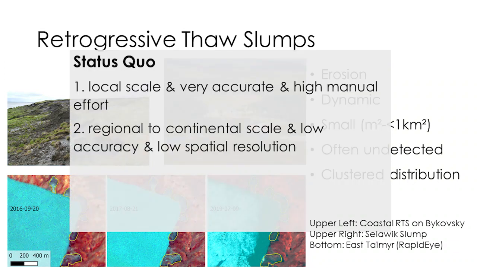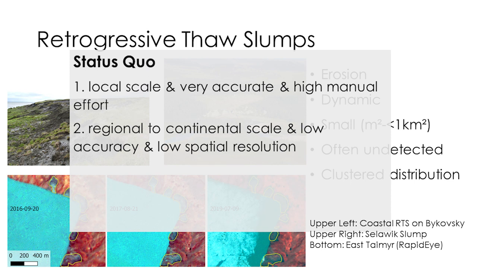Due to their importance on local to regional scales and even bigger scales, if we count them all together, it's quite important to study how they're distributed, how they change over time, if they change with the changing climate, and how their interactions are with the landscapes.